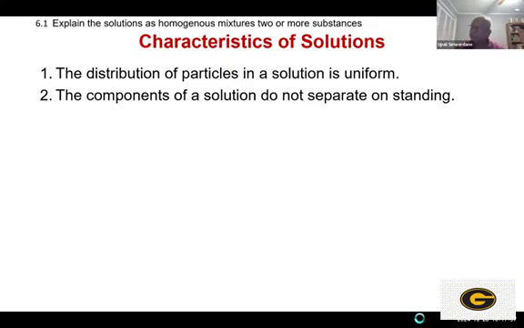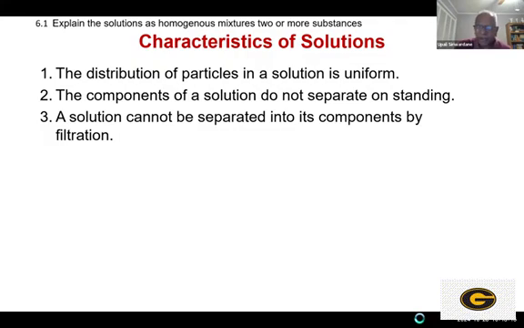Normally, a solution, either gas, liquid, or solid, the separation doesn't take place. Homogeneous mixtures stay uniform. Solution cannot be separated into components by filtration.